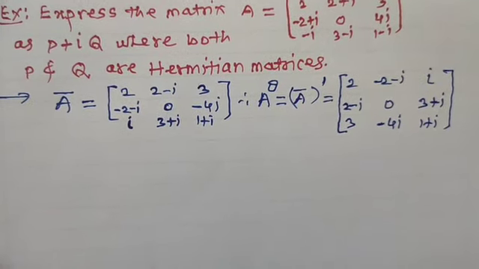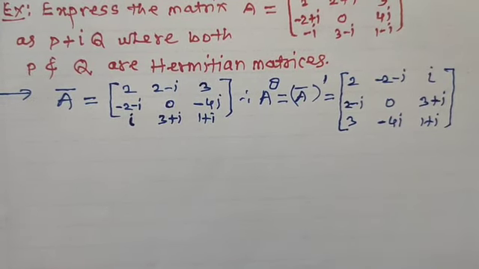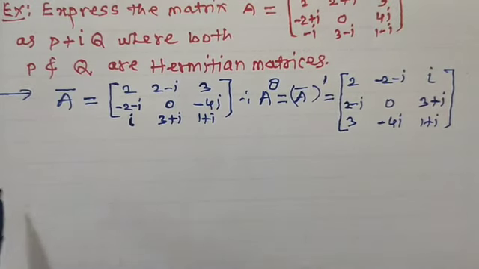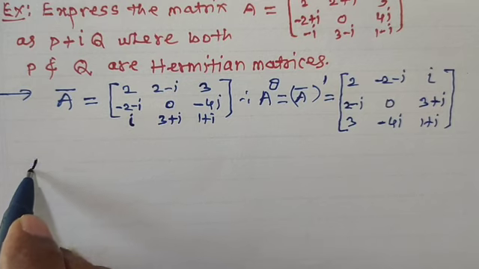Now what we have to do? We have to find out A plus A theta and A minus A theta. Addition of this matrix and this matrix.